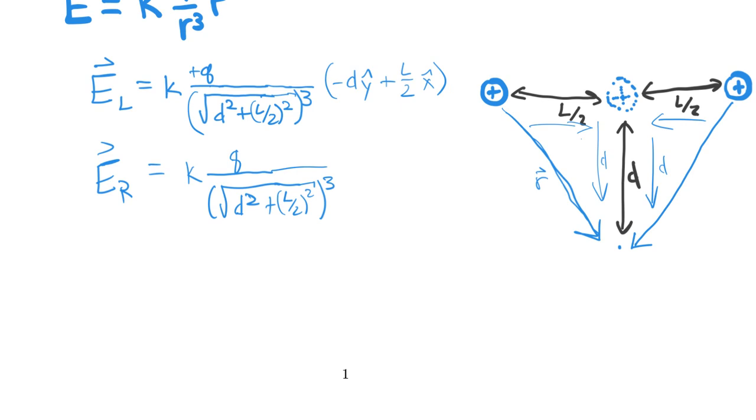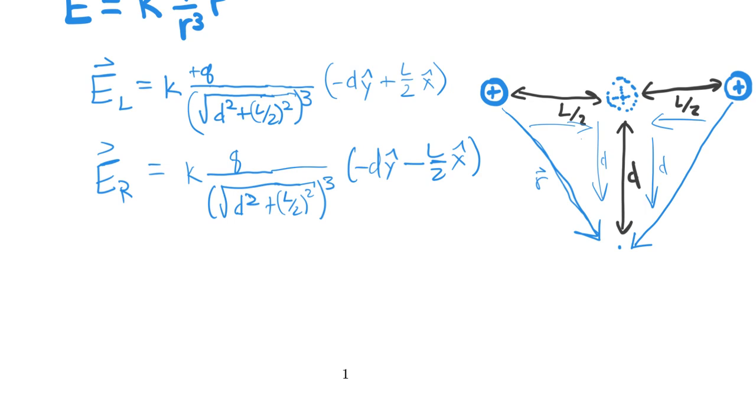And then the vector: the only difference between this vector and that vector is that the x component is positive for one and negative for the other. So our vector is going to look very similar, except for this sign. This vector is going to be minus d y hat minus L over 2 x hat.